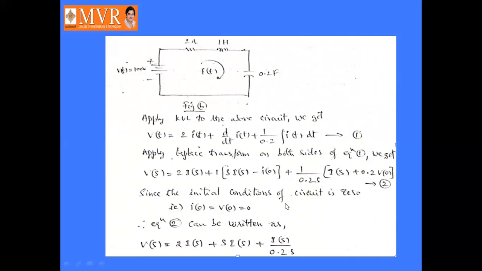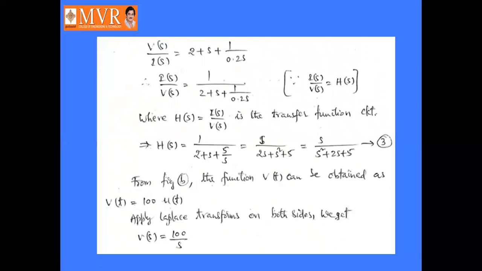So equation 2 can be written as V of s equal to 2 into I of s plus s into I of s plus I of s by 0.2 s. Therefore, V of s by I of s equal to 2 plus s plus 1 by 0.2 s, or I of s by V of s equal to 1 by (2 plus s plus 1 by 0.2 s).